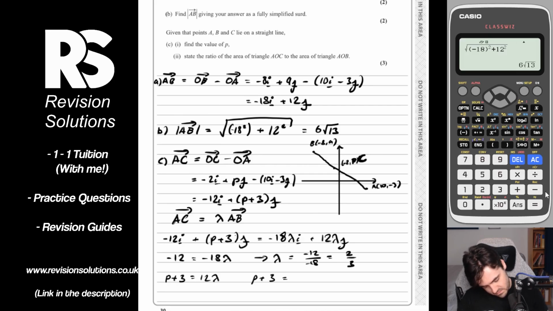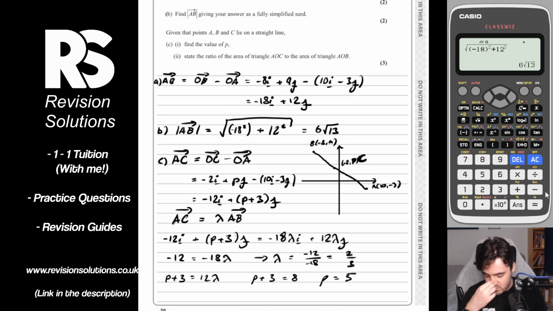Sorry, is that right? 2/3 times 12. Yes, that's right. That's 8. Good. So then p would be 5. So that's part 1 done.